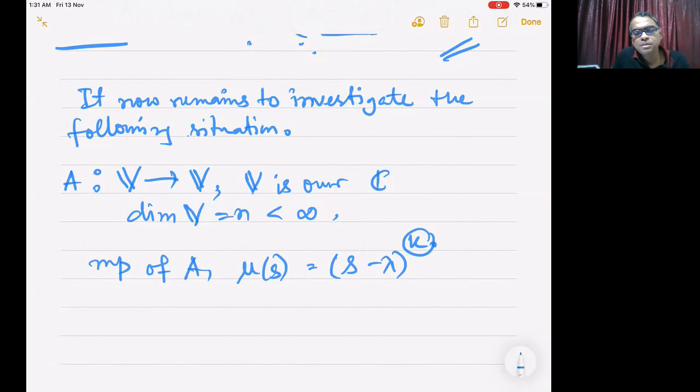Can I find a basis for V in which A would look something nice? We'll see that A will admit a representation by what is known as a Jordan canonical form, a Jordan block. A would admit various different Jordan blocks, the highest of which would have size k, but there could be multiple such Jordan blocks.